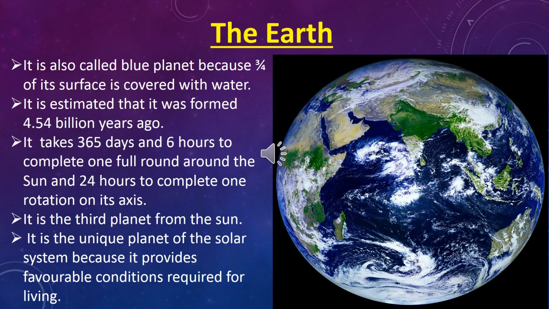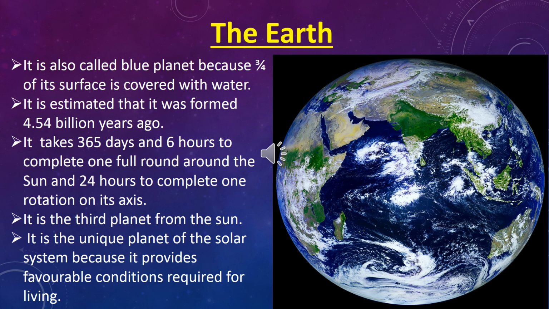Earth completes a revolution in 365 days and 6 hours, and it takes one rotation in 24 hours on its axis, and because of this rotation only day and night happens. It is the third planet from the Sun.